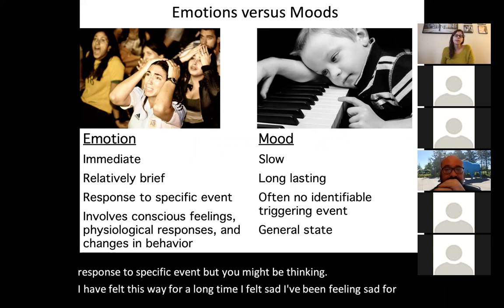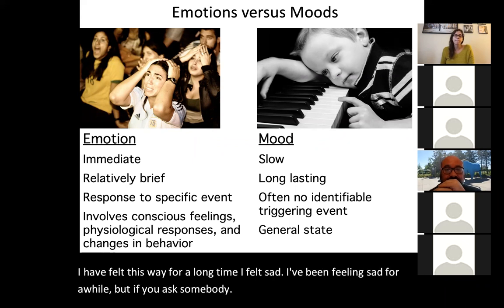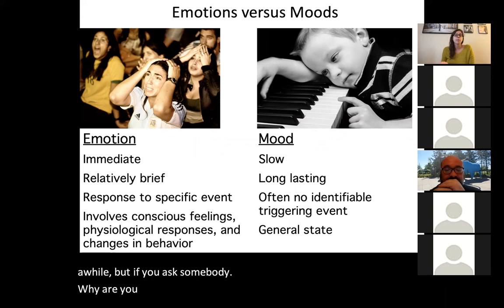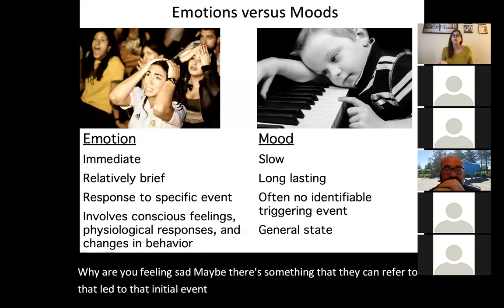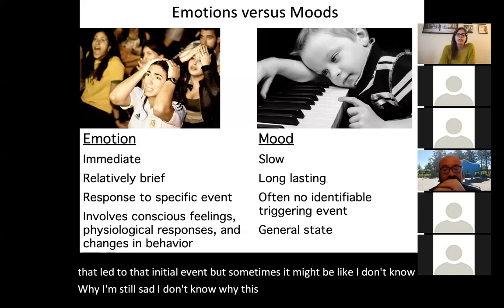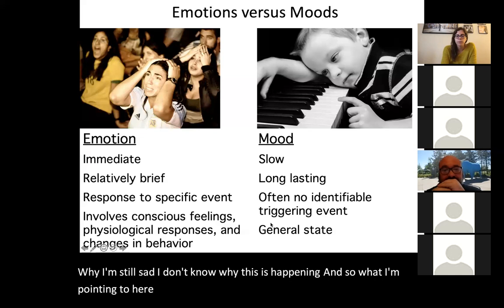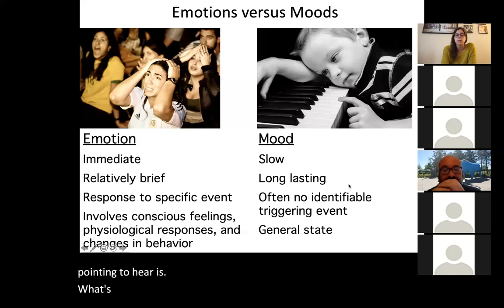But if you ask somebody, why are you feeling sad? Maybe there's something they can refer to that led to that initial event, but sometimes it might be like, I don't know why I'm still sad. I don't know why this is happening. What I'm pointing to here is the difference between an emotion and a mood.